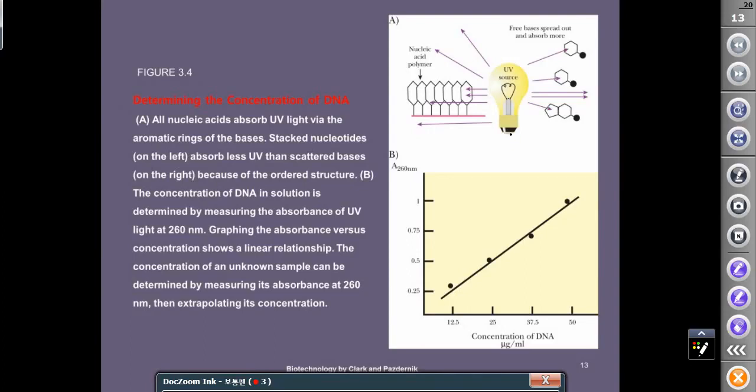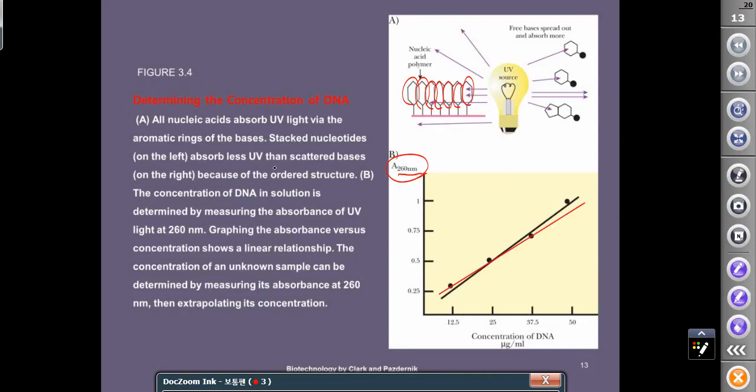As you already know, DNA consists of nucleic acids, and nucleic acids have aromatic rings. These aromatic rings can absorb light of 260 nanometer. So the higher concentration of DNA you have, the more absorbance you can see from this experiment.